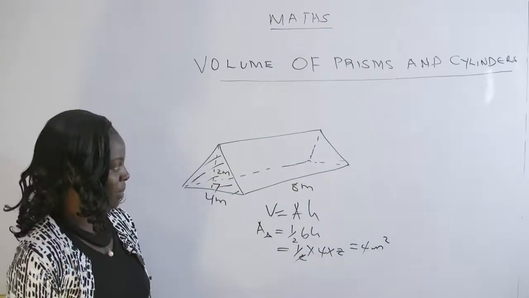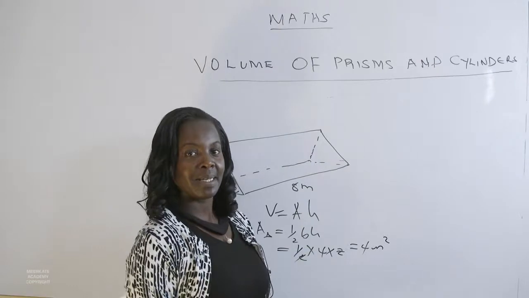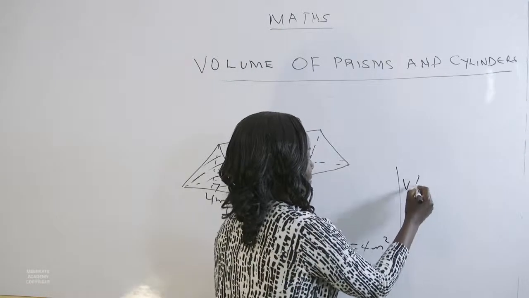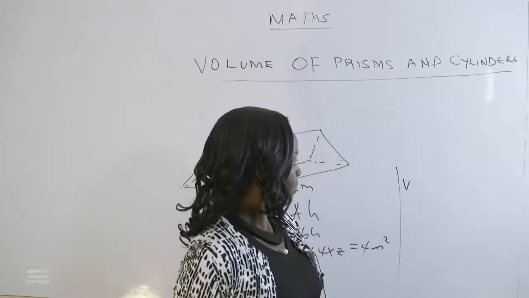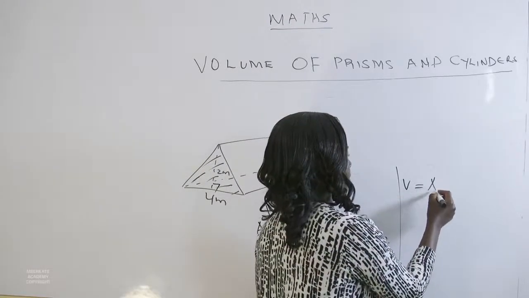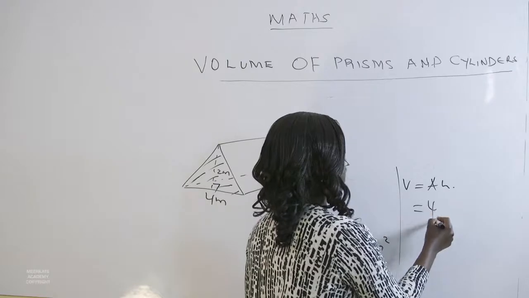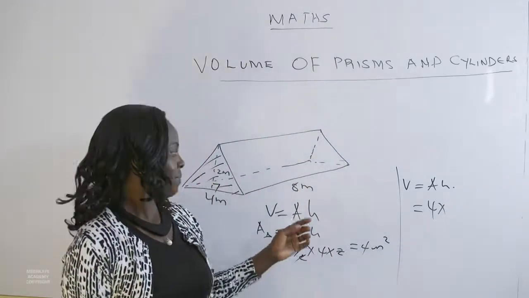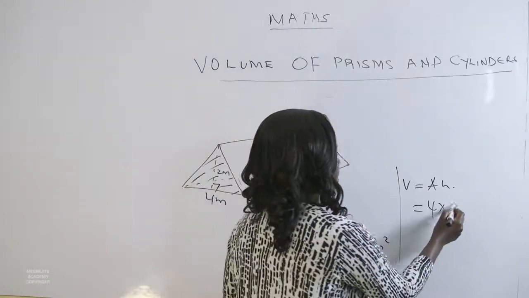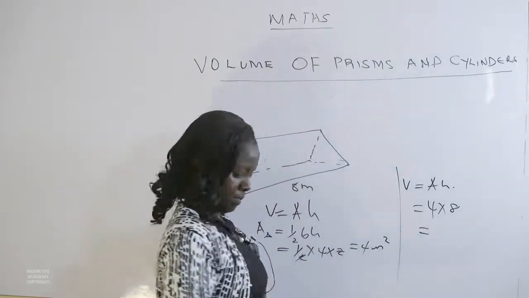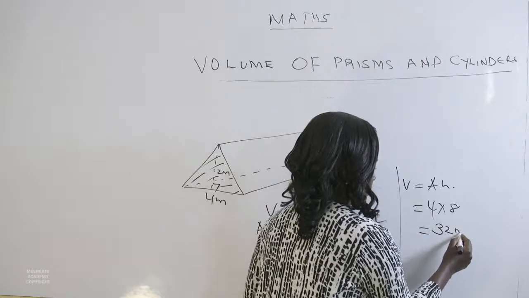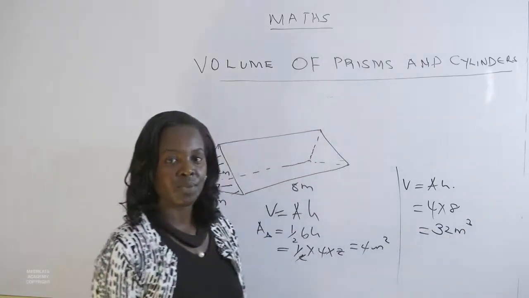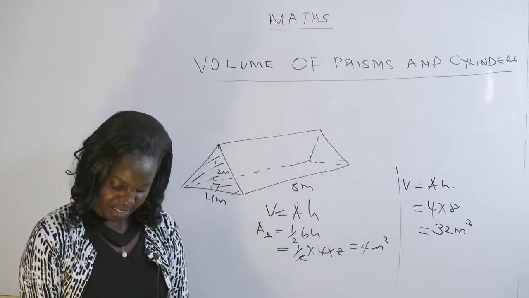Then now we multiply. Four, which is the base area, times the height. That will give us 32 cubic meters.